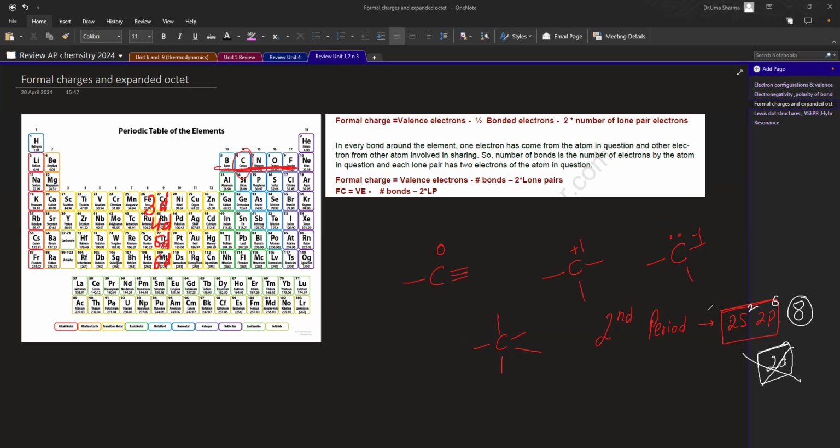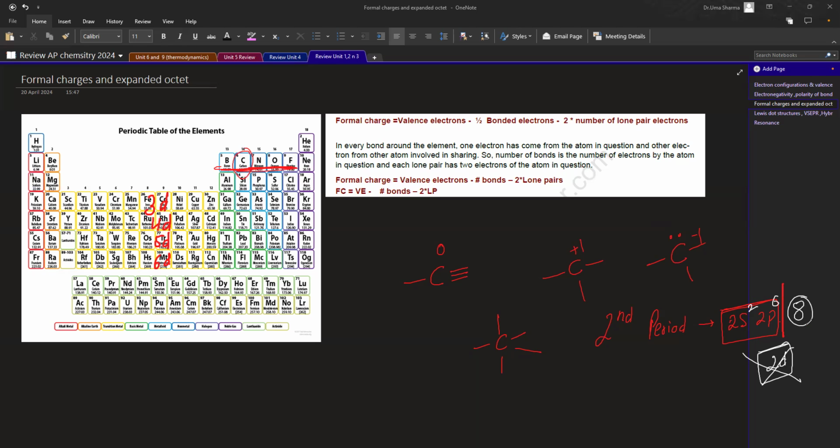So now this is a very popular question. Why second period elements cannot have expanded octet, cannot have more than 8? Because they don't have vacant 2d orbitals. They don't have any orbitals. Shell is closed. After 2p, what happens? Shell is closed. There is no more empty d orbitals available.